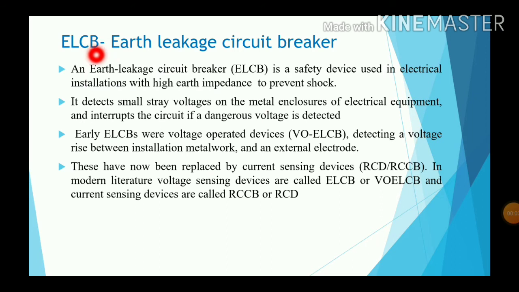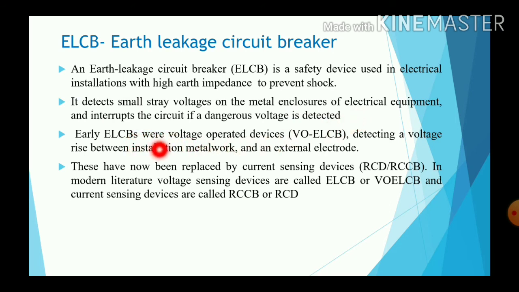ELCB stands for Earth Leakage Circuit Breaker. An earth leakage circuit breaker is a safety device used in electrical installations with high earth impedance to prevent shock. It detects small stray voltages on the metal enclosures of electrical equipment and interrupts the circuit if a dangerous voltage is detected.